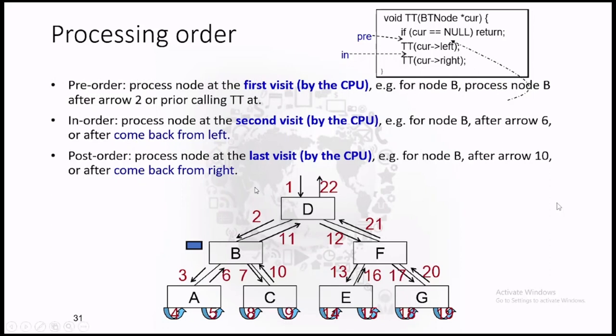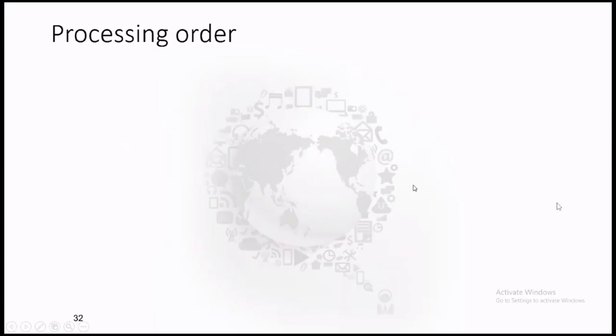If you remember, I mentioned that a node has 3 visits at most. So post-order will be the last visit, the 3rd time of visiting. How do we actually know which is the first visit, second visit, and last visit? Later, I'm going to show you the examples.